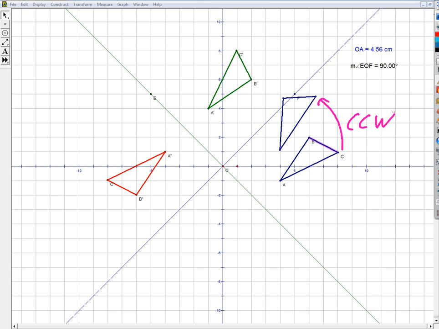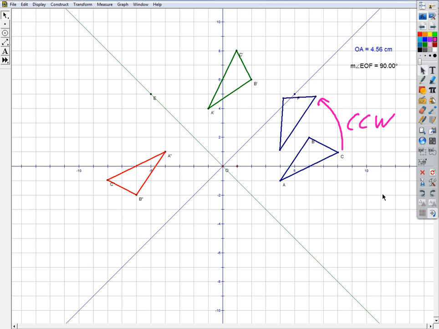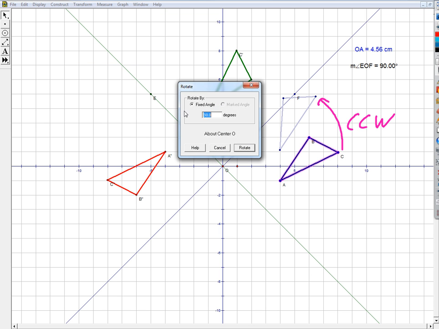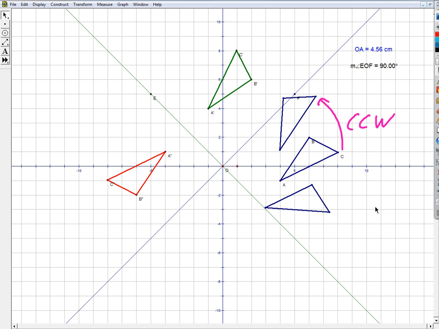And the way I have to do that on Geometer's Sketchpad is, I would go Transform, Rotate, let's rotate it 30 degrees clockwise. You've got to put a negative in front. And then it rotates it clockwise. Make sense? Interesting. Okay, all right. I think you're good to go. You got it.